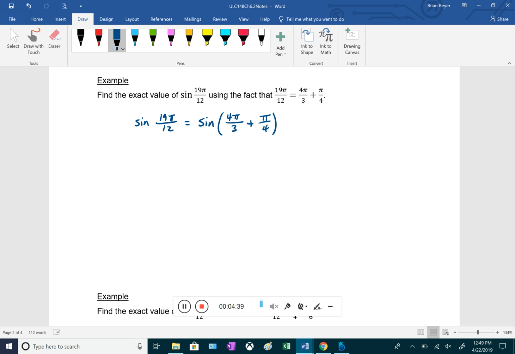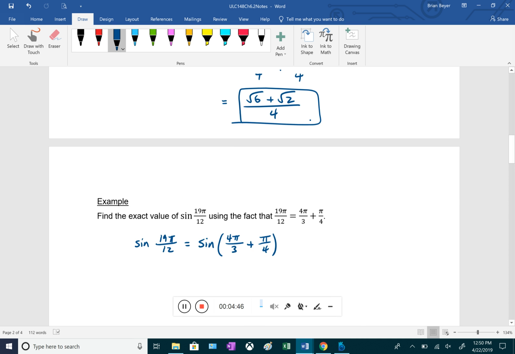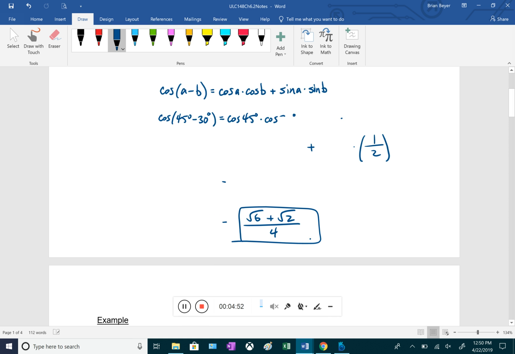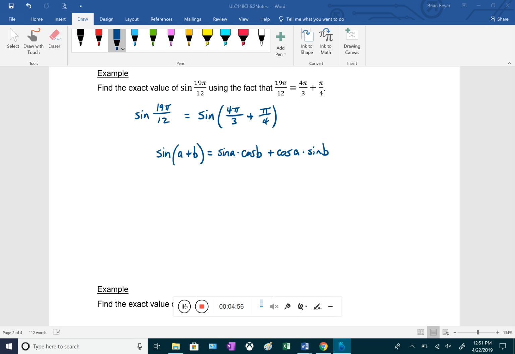So the formula we're going to be using here is the one with sine with addition. That's the sum formula for sine, which is right here. So I'm just going to write that down. And let's figure this out now. It's going to be sine of 4 pi over 3 plus pi over 4.